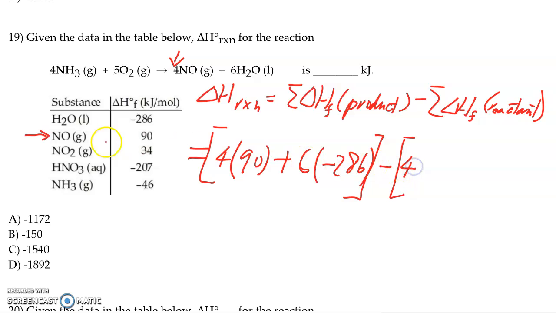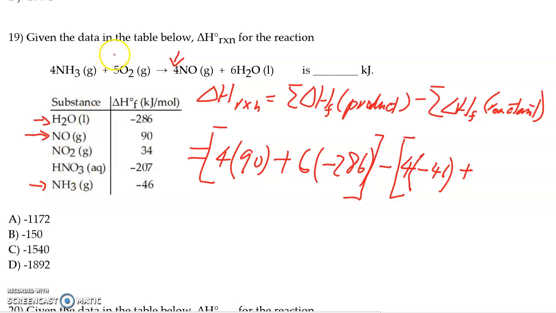Over here, I see the 4. So 4 over here, ammonia NH3 is over here, so negative 46. Plus, over here, can I find oxygen? I cannot find oxygen. What happened here?